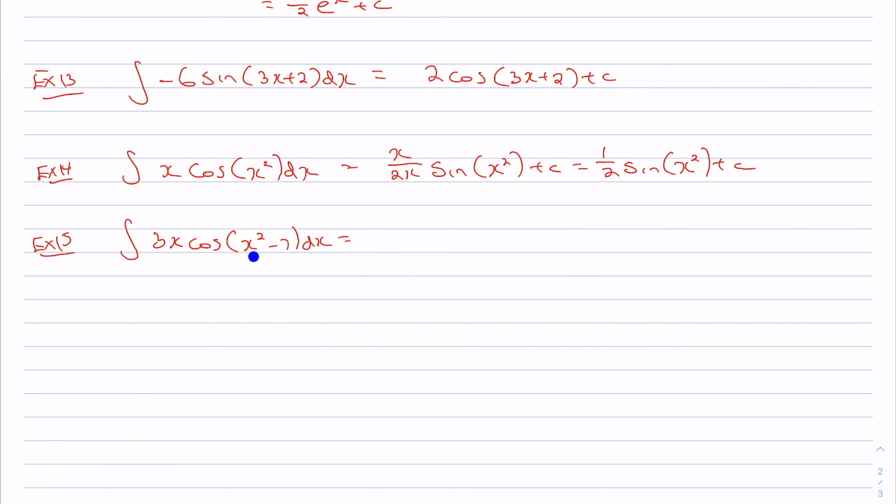Again, we would differentiate this, so the derivative of that would be 2x divided by that, so it would be 3x divided by 2x. What is the integral of cos? It is sine, so no need for the sign change. x squared minus 7 plus c. It looks like it's going to be 3 half sine x squared minus 7 plus c. Yes, and that's the answer for that final question.